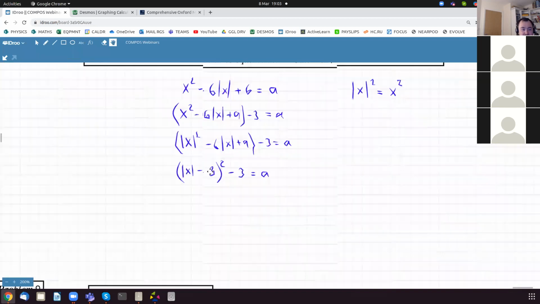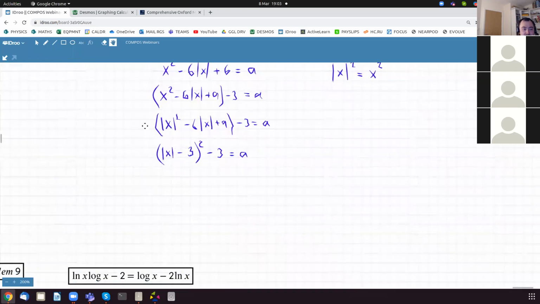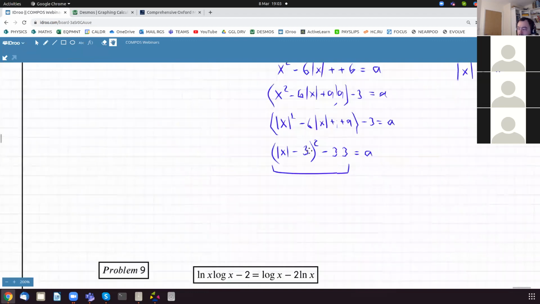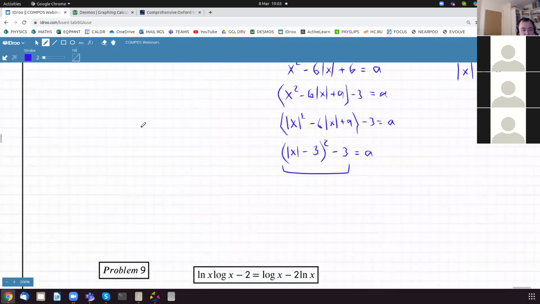So what is this? Well, this is a graph, and it's actually very easy to draw it. We start with y equals x squared. Then we transform it to y equals x minus 3 squared.